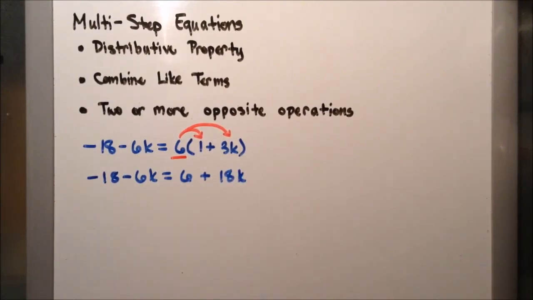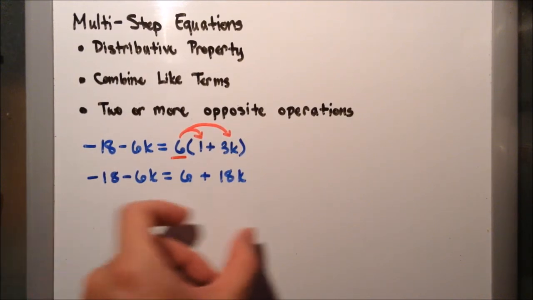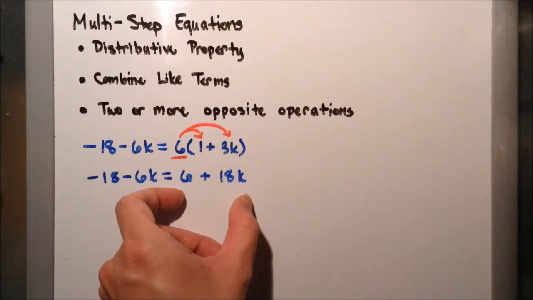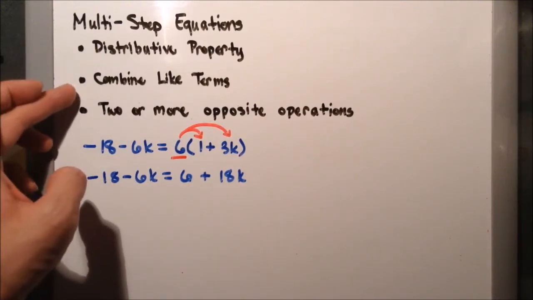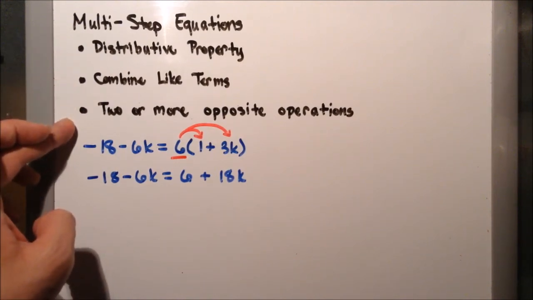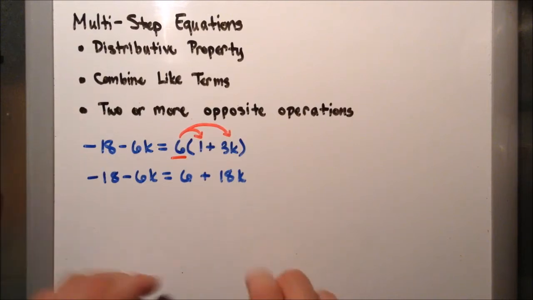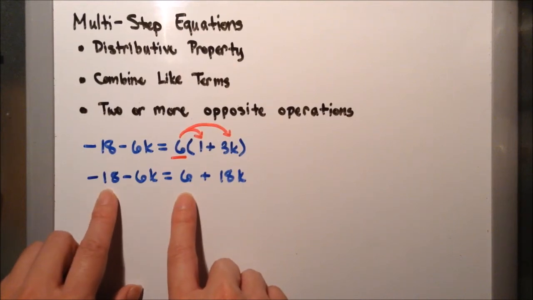Alright. Now here, we don't have to worry about any distributive property. And if we look at the left side, we can't combine any terms. On the right side, we can't combine any terms because it's number, variable, so we don't have to worry about combining like terms. But we have to worry about two or more opposite operations because we have k, the variable, on both sides, and we have numbers on both sides.